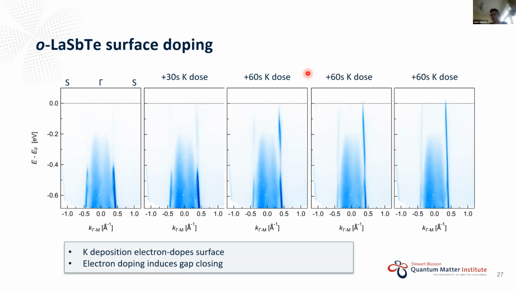And if we repeat this step a few times, we eventually arrive at a situation where we again see linear bands with no sign of a gap. So it appears that based on just depositing potassium on the surface and electron doping the first few layers, we can change the topology back into what we had observed for the bulk tetragonal phase.